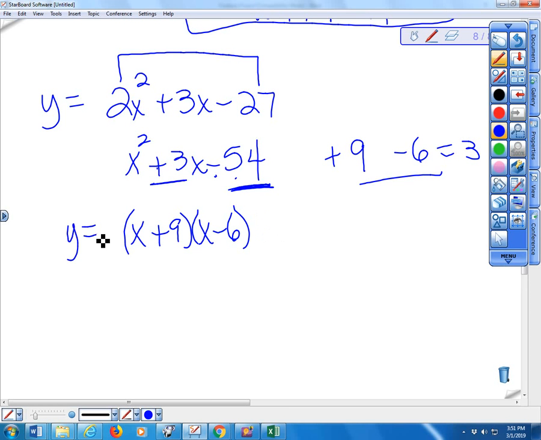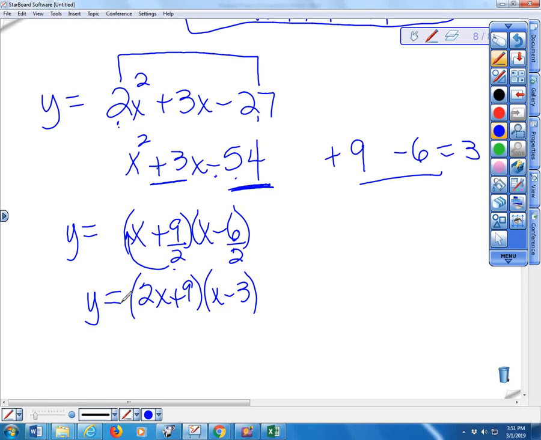Now, when I do the bottoms-up method, I had to multiply the constant by 2. So I've got to remember to divide the factors by 2. Then I simplify if I can. If I can't, like I can't with this one, I bring the bottom up. And here I can simplify. And now it is factored.